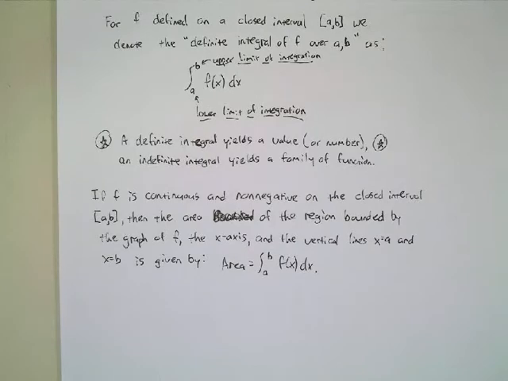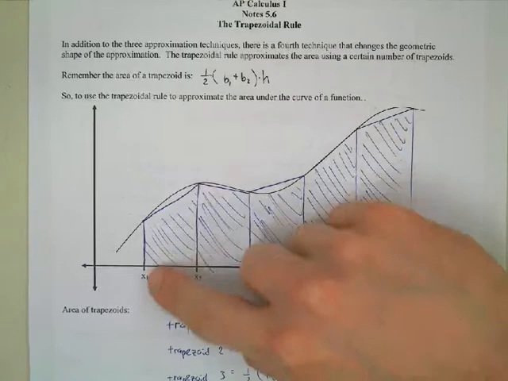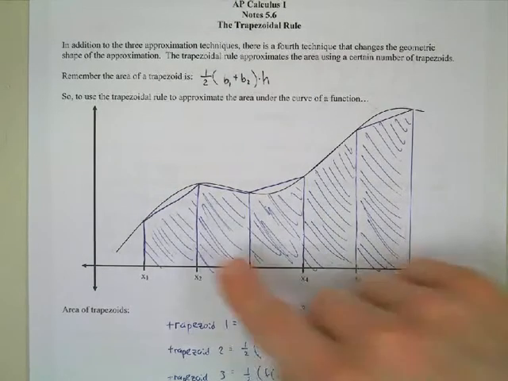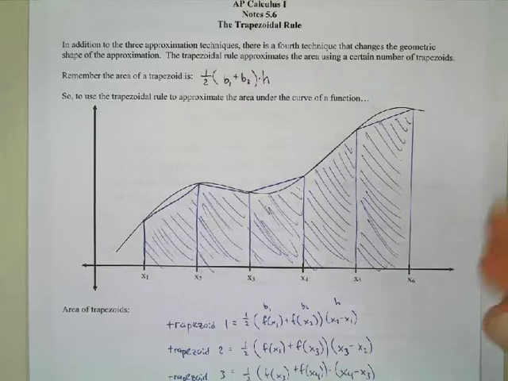Let's see if I've got a handy picture. Right, so back to something like this. Here we had a curve, and between x sub 1 and x sub 6 we were trying to find the area underneath that curve. Of course, it's curvy, so we weren't able to get the exact value, so instead we had to use trapezoids to estimate it.